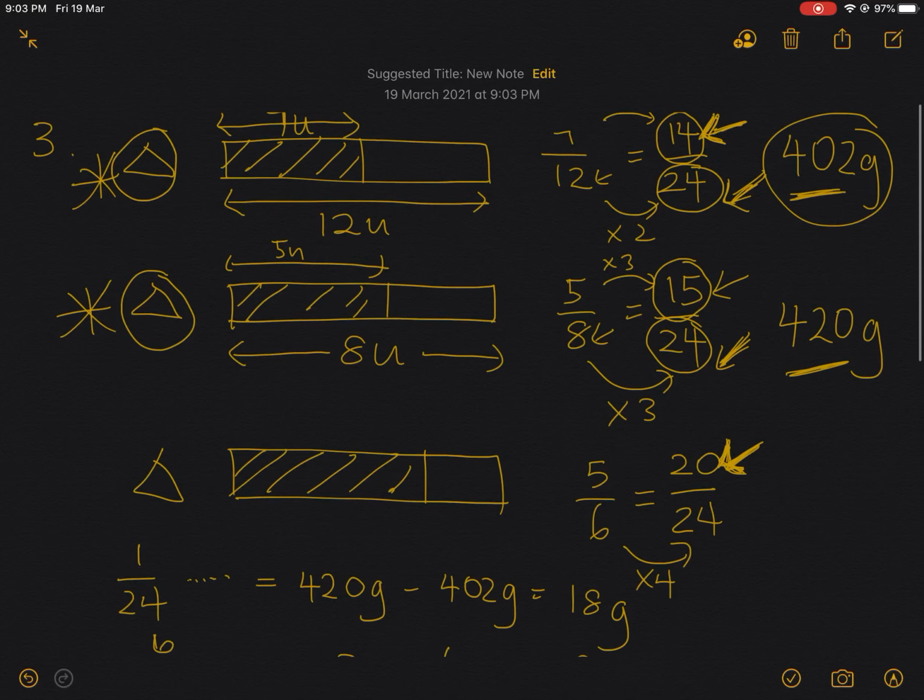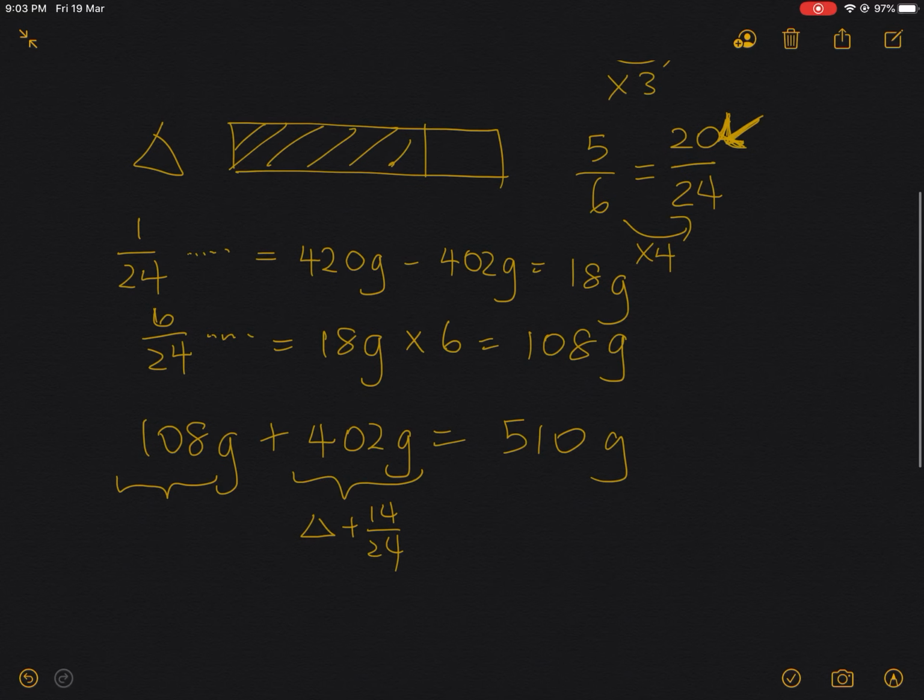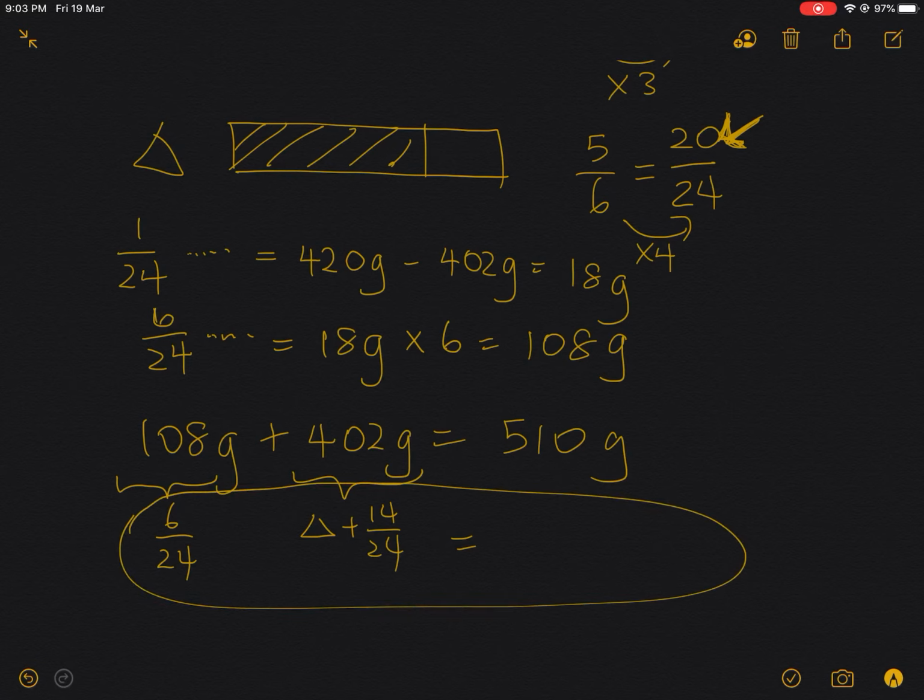Look at that, 14 out of 24. And this 108 would be the 6 out of 24. So put them together. This part you don't need to write in the presentation. Teacher Eunice just wants to write this down for you to understand. So when you add these two together, you will find that it is the bottle plus 20 out of 24, which is the 5 out of 6 of the glass bottle.